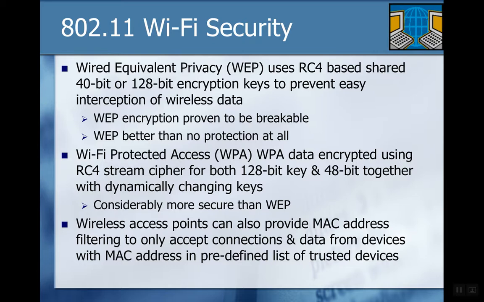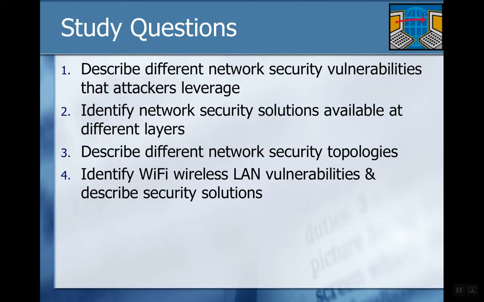The modern approach is what we call WPA, Wi-Fi Protected Access. It uses dynamically changing keys and longer keys, which make it much more secure than WEP. You can also use MAC addresses as an approach, but it really needs to be done in concert with other types of security like WPA. And that is it for topic 7.